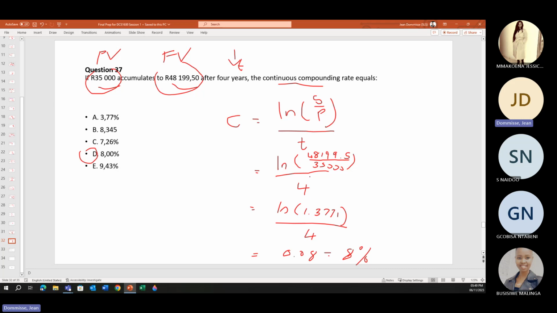Remember, some of the others, they gave us the time in months or quarters. So we need to make sure that when we get something like that, we also use the right time period.